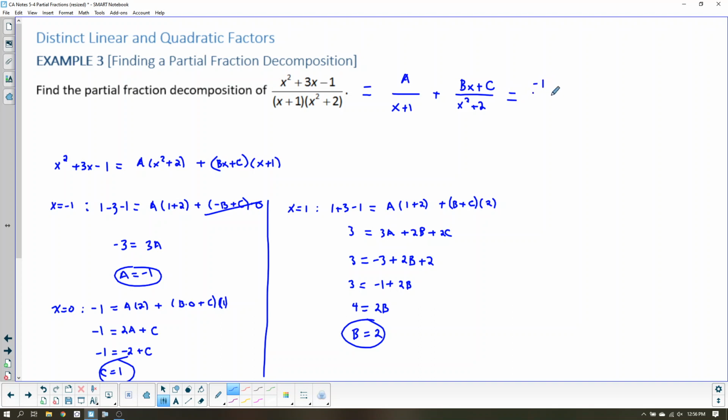It should be negative 1 over x plus 1 plus, we've got 2x plus 1 over x squared plus 2. And that is our partial fraction decomposition.